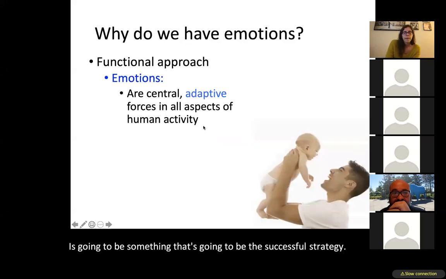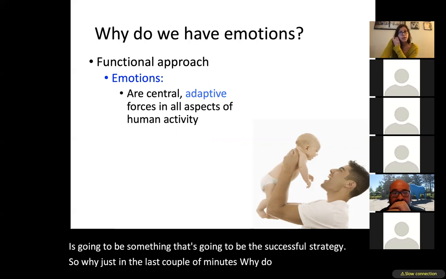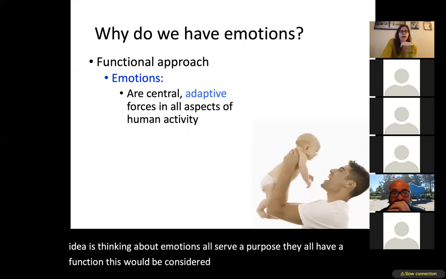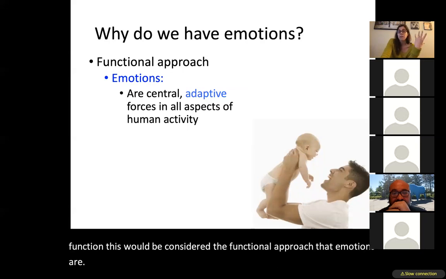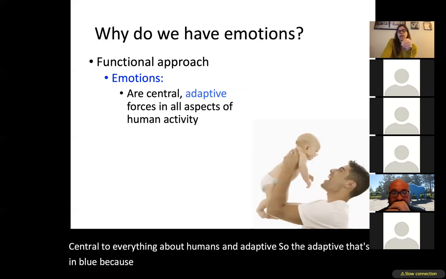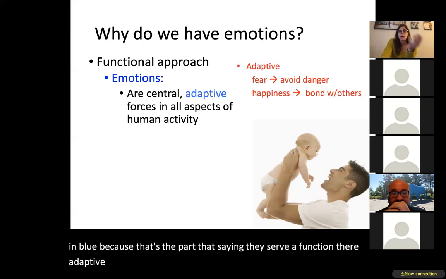Okay. So just in the last couple of minutes, why do we have emotions? One idea is thinking about emotions all serve a purpose. They all have a function. This would be considered the functional approach, that emotions are central to everything about humans and adaptive. So the adaptive, that's in blue because that's the part that's saying they serve a function. They're adaptive in some way.